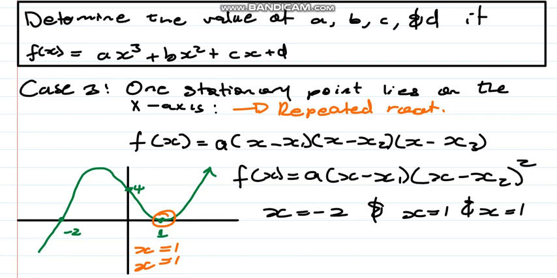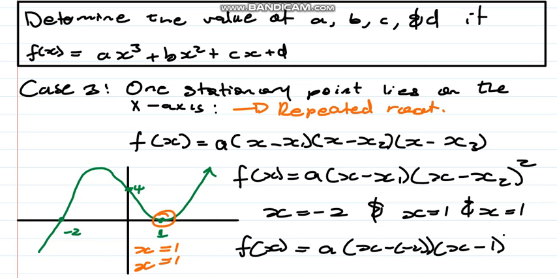But if you know exactly what the repeated root means, then you are good to go. So this would be x minus -2, and x minus 1 but squared. If you square that, it means there would be another similar bracket, but we just don't want to write it. We can just square that one bracket.